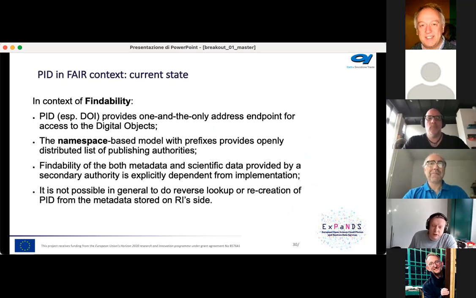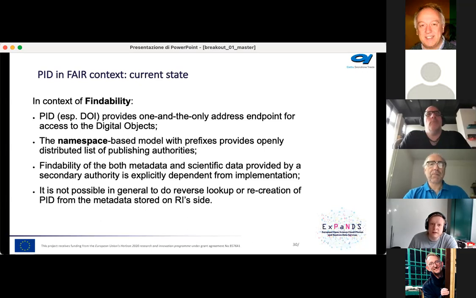In the context of findability, the current model provides one and only one access endpoint. So if this access endpoint becomes unavailable, the PID is unresolvable. It is also closely connected with reverse lookup possibility inside the cloud.